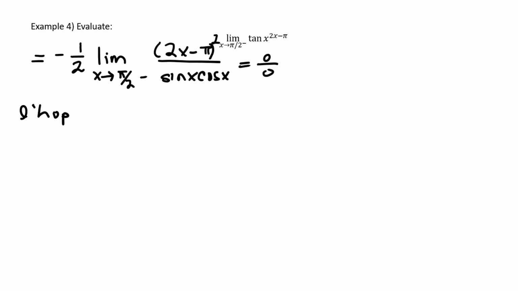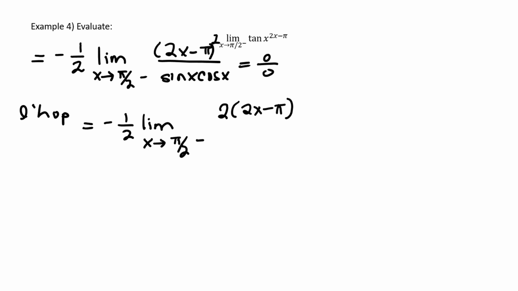That means we're going to take the derivative of the numerator and the derivative of the denominator, which will give us negative 1/2 times the limit as x approaches pi over 2 from the left. The derivative of the numerator using the chain rule: bring down the 2, so 2 times 2x minus pi raised to the power of 1.